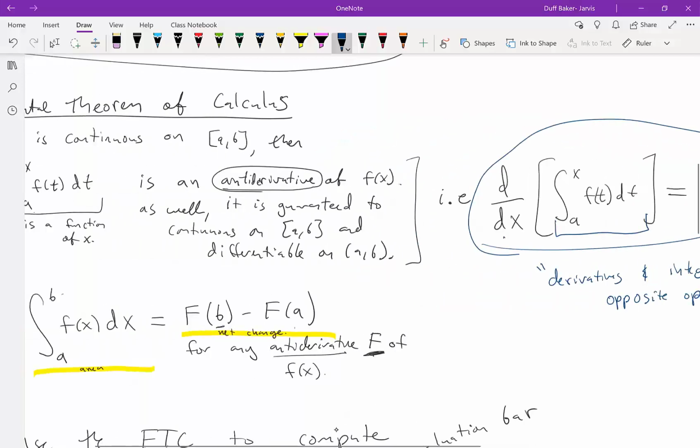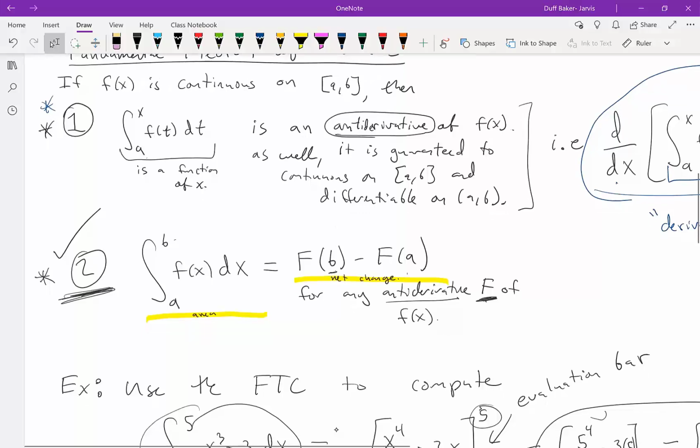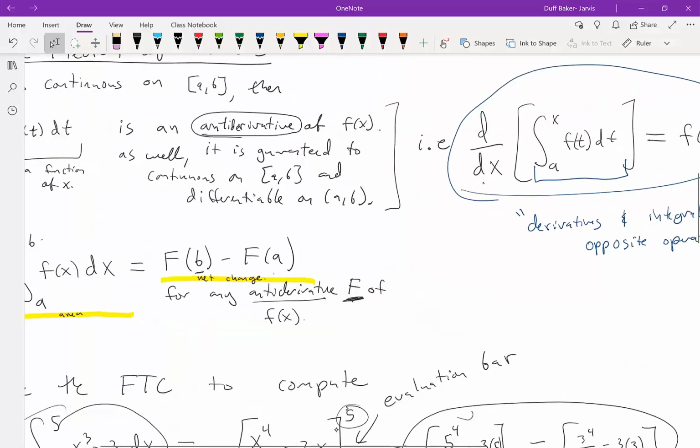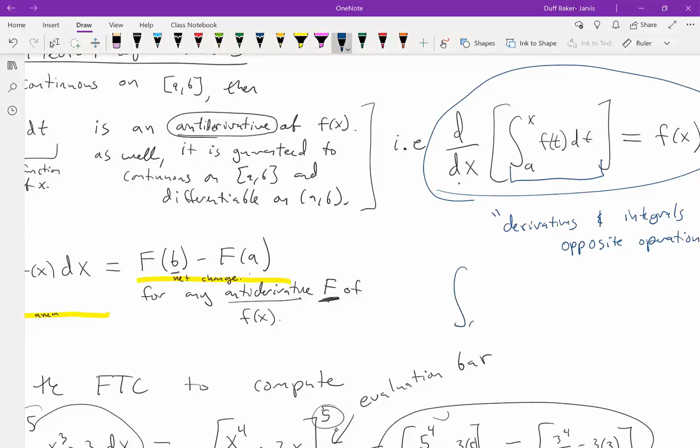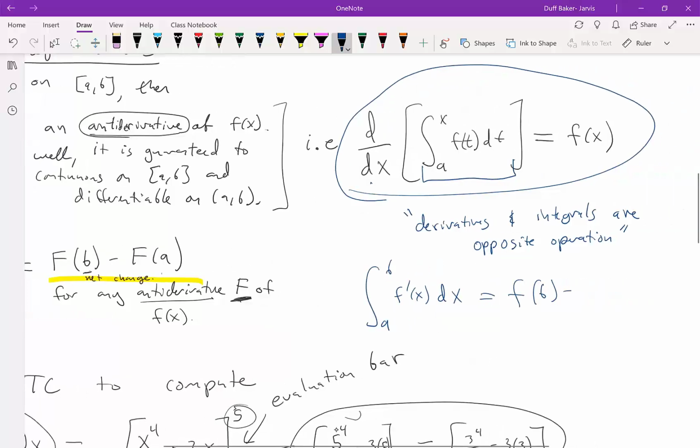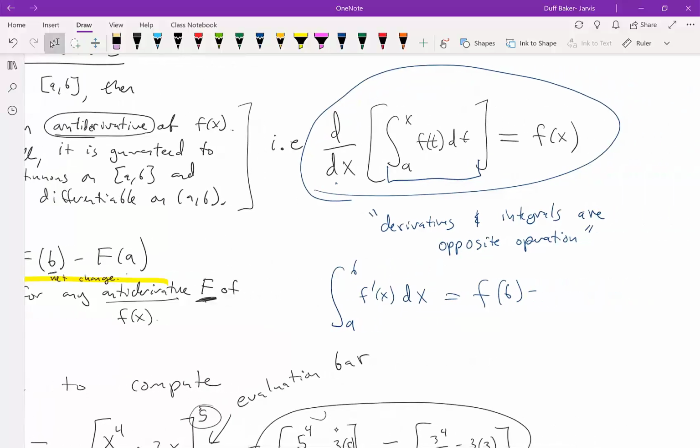And you can also think of number 2 as saying integrals undo derivatives, right? So the second one, you could have an integral from a to b of f prime. An antiderivative of f prime is just f. So this one says integrals undo derivatives.